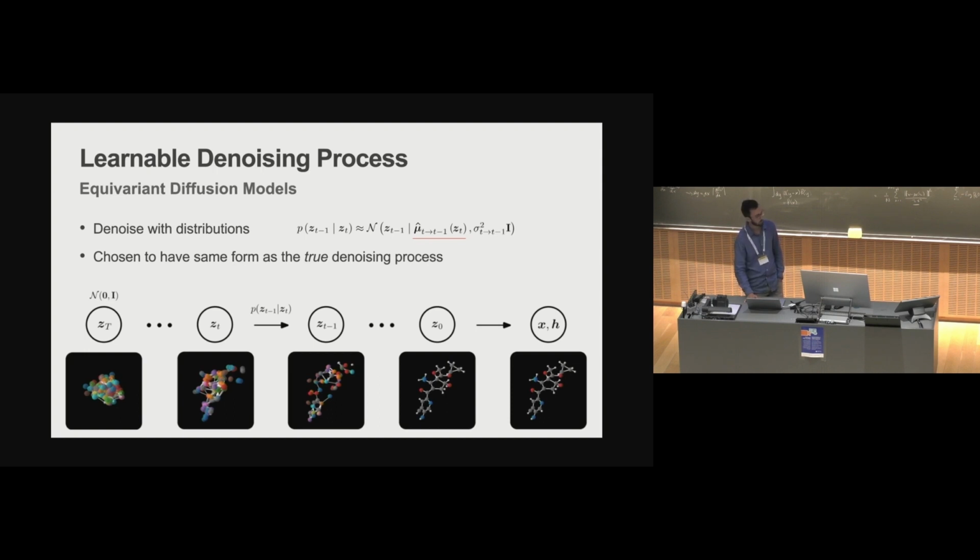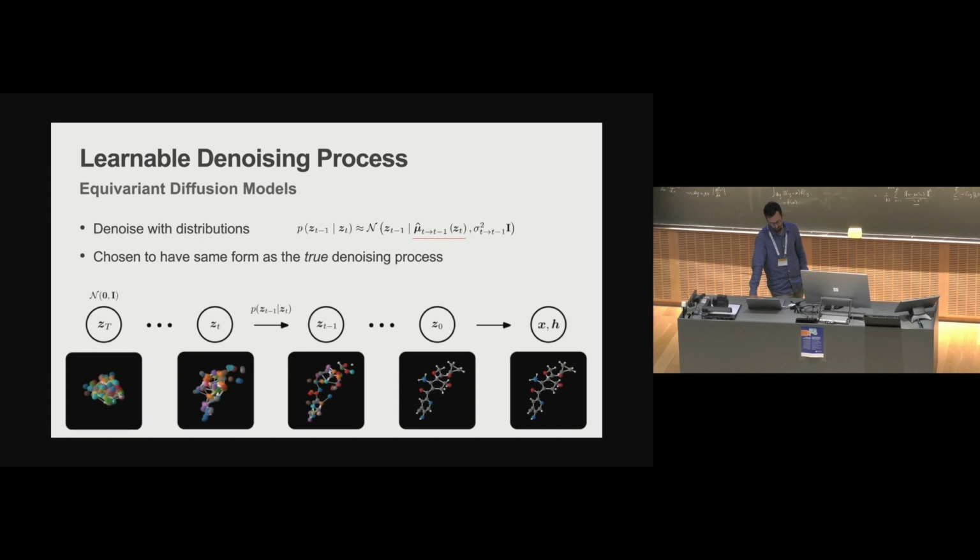Sorry, another question. Does the diffusion process only act on X or also on H? Because H is discrete. Yes, it acts on both of them. That's actually a good question. It acts on both H and X. For X it is quite trivial, right? It's a continuous space. We can just diffuse it.